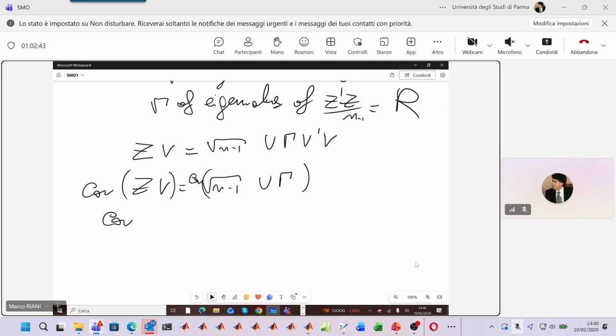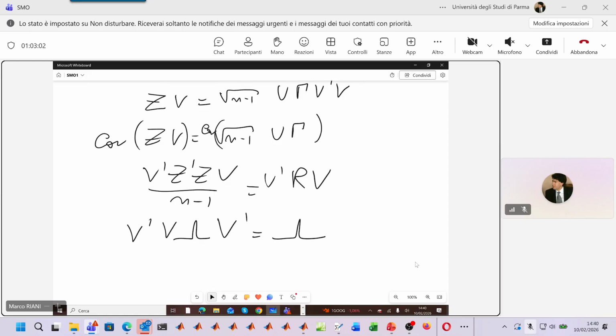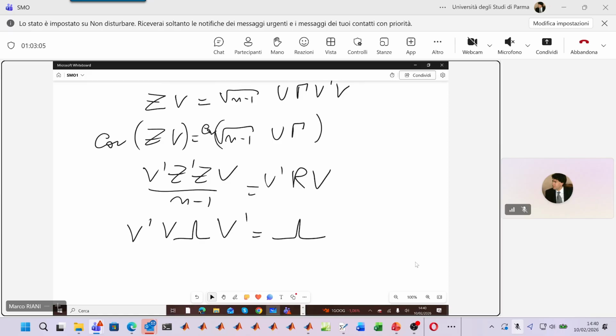The covariance matrix is V prime Z prime Z V divided by n minus 1, V prime R V, and V lambda V prime is equal to lambda, the matrix of the eigenvalues. Okay? So therefore ZV, that is square root of n minus 1 times U gamma, contains the principal components not standardized.